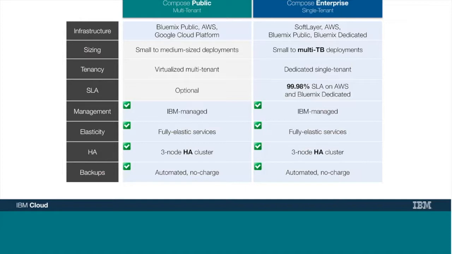You do get an SLA on Compose Enterprise. Management's the same, elasticity is the same, high availability is the same, backups are the same. So the things that we consider production grade, management, elasticity, HA, backups, monitoring, and operations team, are all included in both offerings.